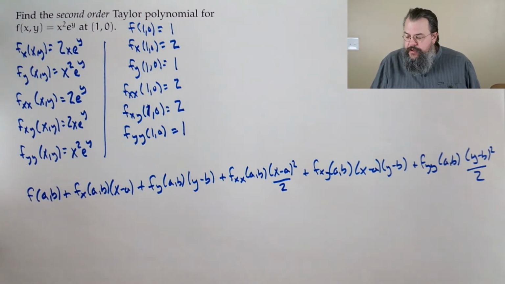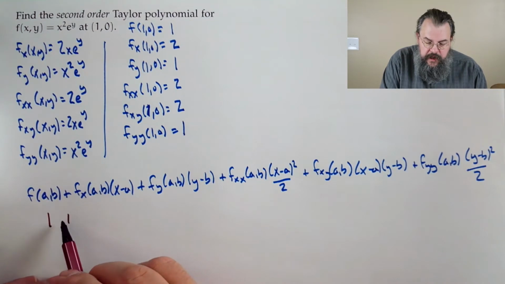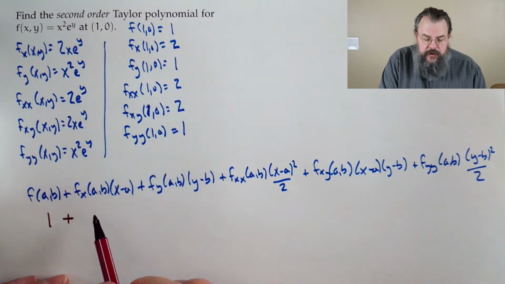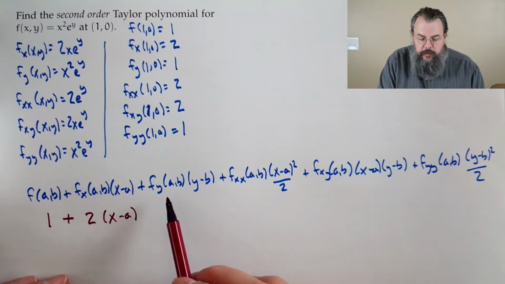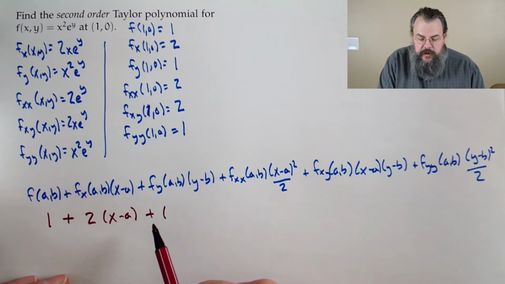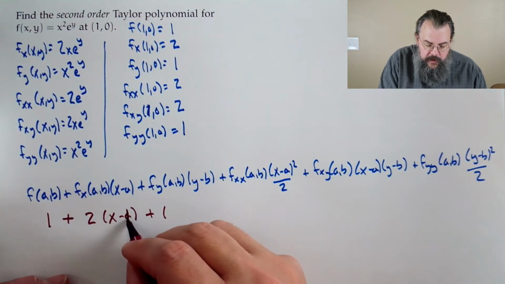But now we just go through term by term and plug in what we have. So we're going to get 1 plus 2 times (x minus a), plus 1 times, a is 1, so (x minus 1).